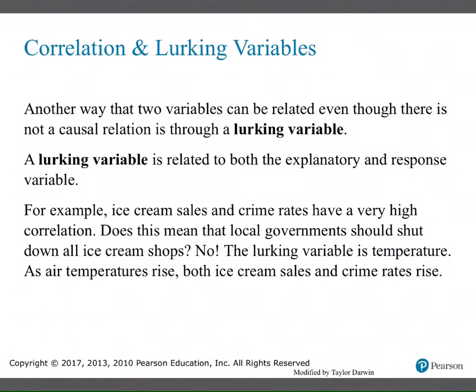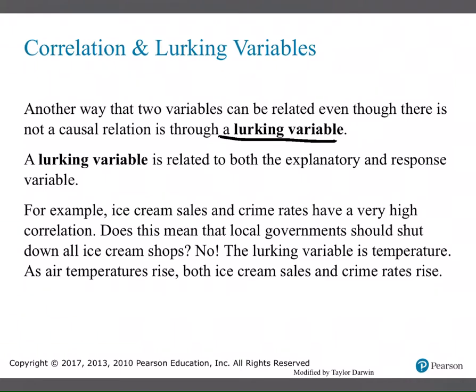The reason is that there are situations that could arise, say, lurking variables, which we talked about in Chapter 1. Remember, lurking variables are those variables that you don't maybe think about or you're not considering in your study that still exist. So ice cream sales and crime rates have very high correlation.